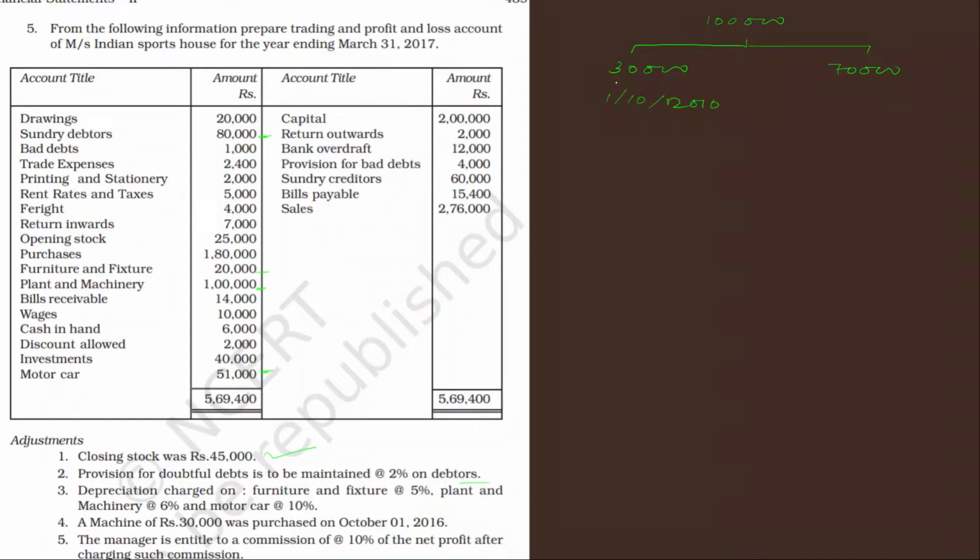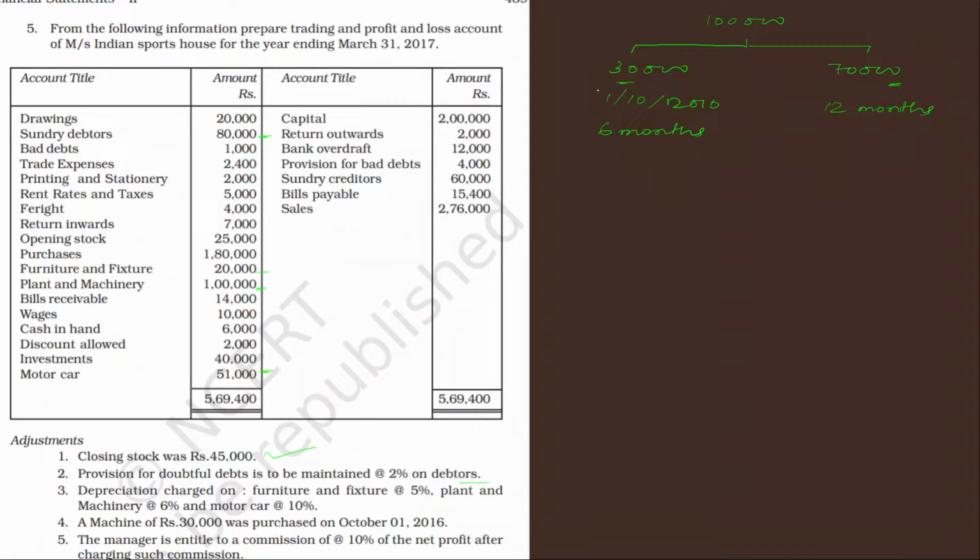Why is it given? In order to charge depreciation. For this 30,000 you will be charging depreciation for 6 months, whereas for this 70,000 you will be charging for 12 months, or annually.